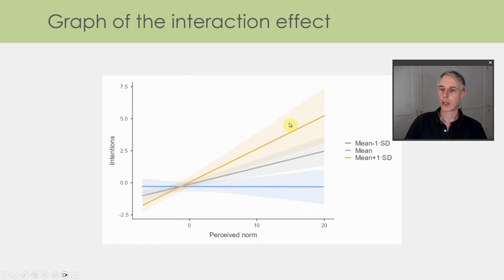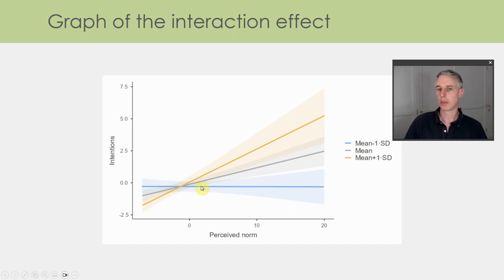And looking at the graph helps us to visualize it. As people's perceptions of alcohol consumption norms around them increase, this is the slope for the blue line. There's virtually no association between that norm perception variable and people's own intentions when they don't identify particularly strongly with the group.